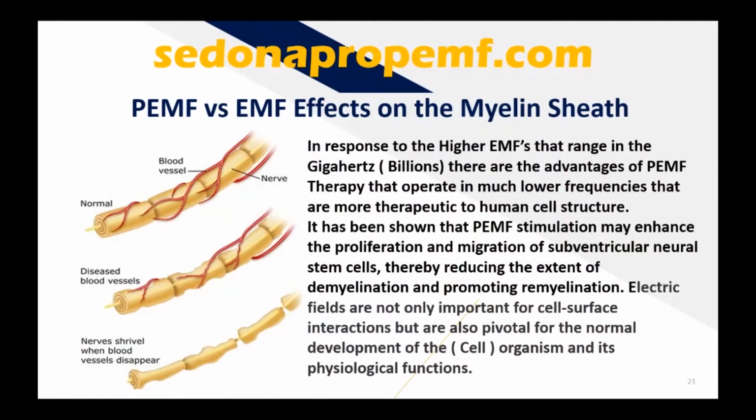It's been shown that PMF stimulation may enhance the proliferation and migration of subventricular neural stem cells, in other words, regenerating the stem cells, thereby reducing the extent of demyelination and promoting remyelination. Electric fields are not only important for cell surface interactions, but are also pivotal for the normal development of the cell organism and its physiological functions.